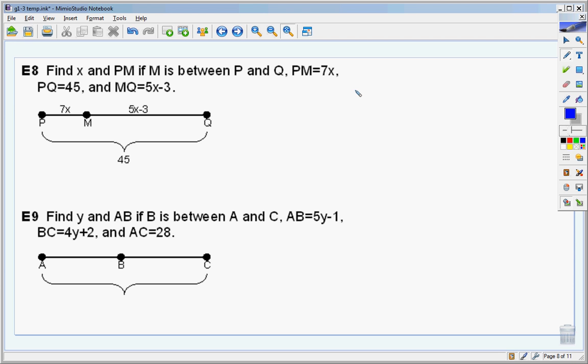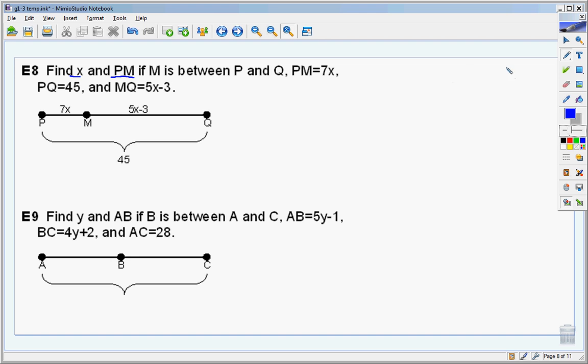So in example 8 here, they're asking me to find the value of x. Notice it's not one thing that I have to find. It says find x and PM.